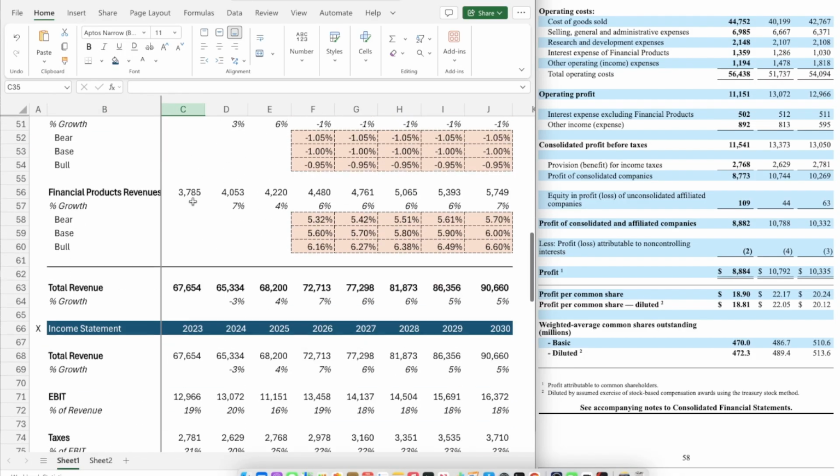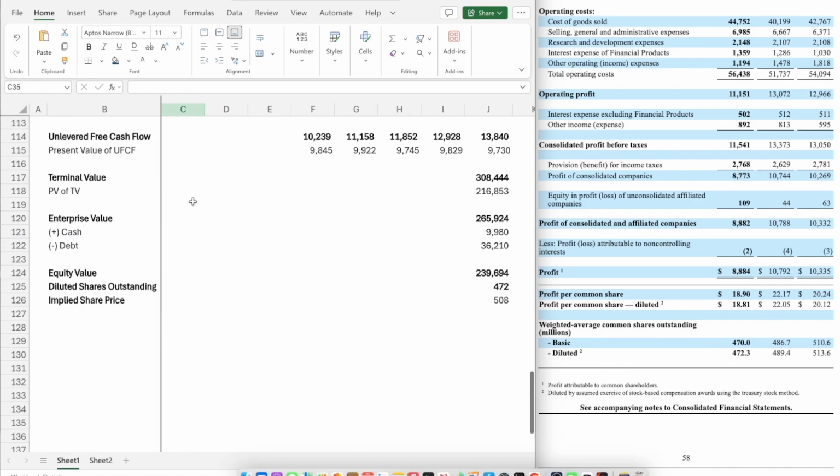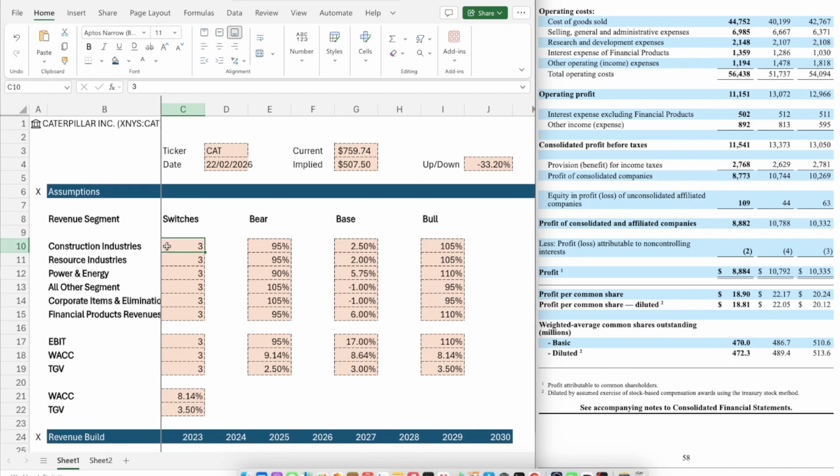I didn't even want to look at what the bear case would be. 285. And this on the bear case is about where it was at the low of the Liberation Day tariffs.